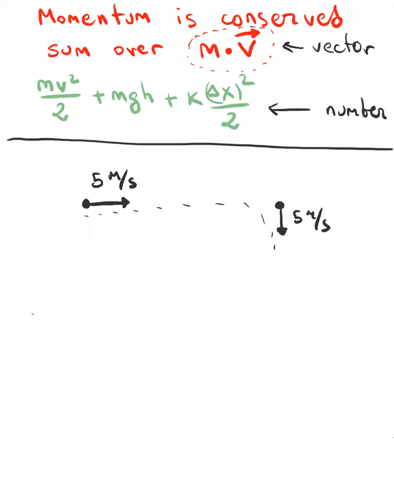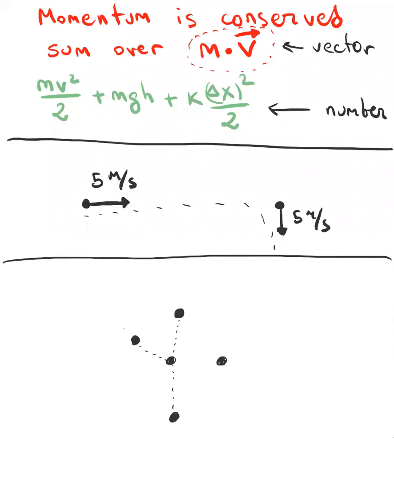Now, when we derived conservation of momentum, we did this for just 2 interacting particles, but conservation of momentum is true for basically any number of particles, as long as there is no external force. So if you have 5 particles, 1, 2, 3, 4, 5, and they all interact somehow with each other, let's say there are forces, this could be a force of gravity or some other kind of force, then those 5 particles will move around.